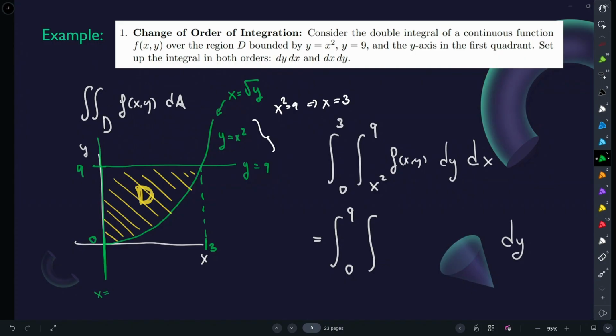Yes, from x equals 0 to x equals the square root of y. So that tells me then that x is running from 0 up to the square root of y in f of xy.